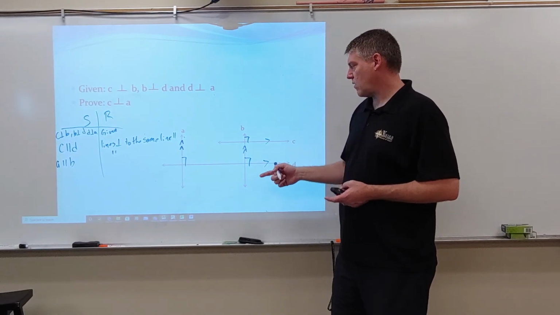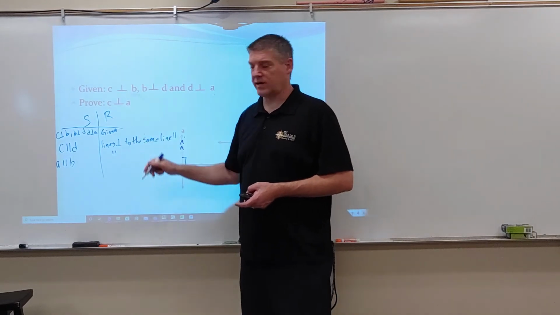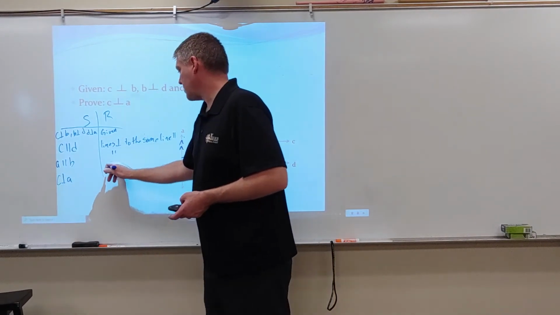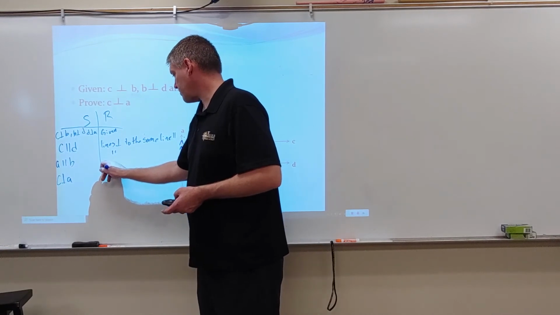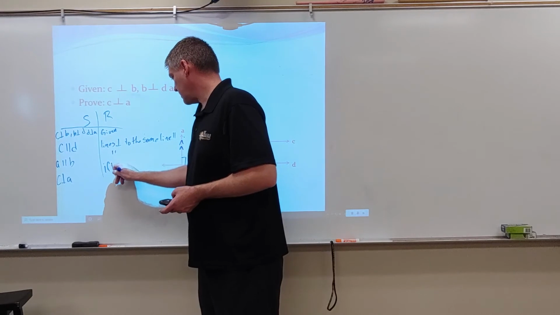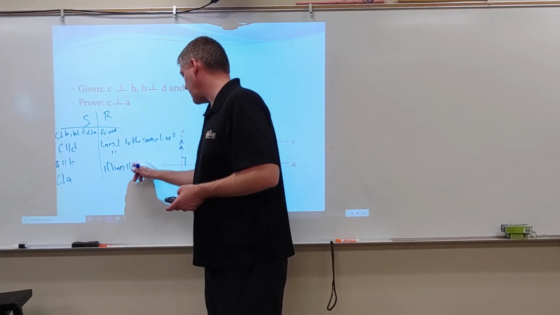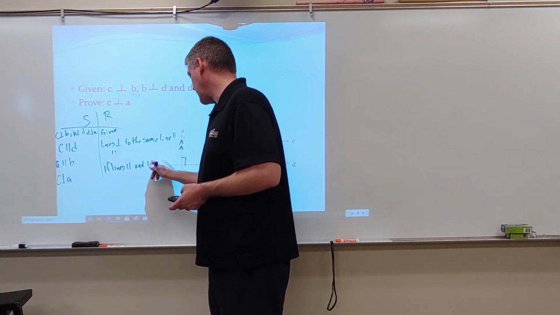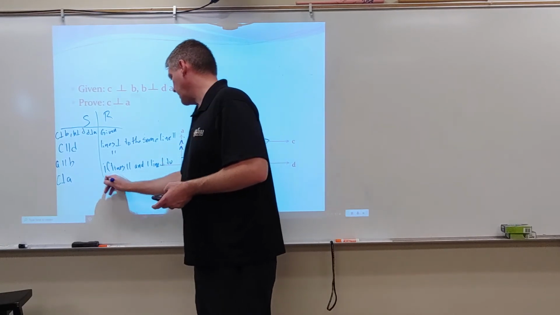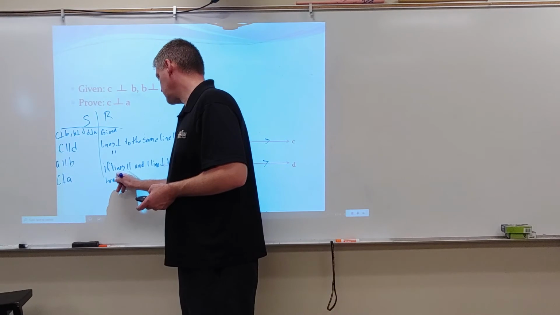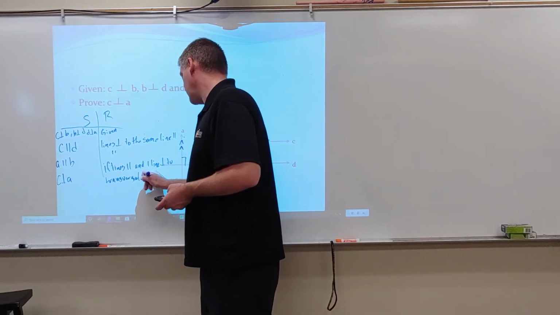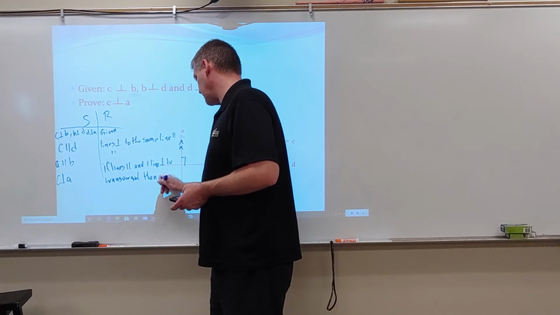Well, do I now know that C is perpendicular to A? So C is perpendicular to A because if lines are parallel and one line is perpendicular to a transversal, then the other line is perpendicular.